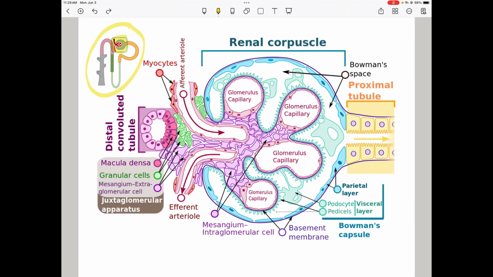That area that I was highlighting in yellow is the juxtaglomerular apparatus, and that's where we're going to release the renin. So from the afferent arteriole, renin will be released and then come out through the efferent arteriole into the rest of the system.